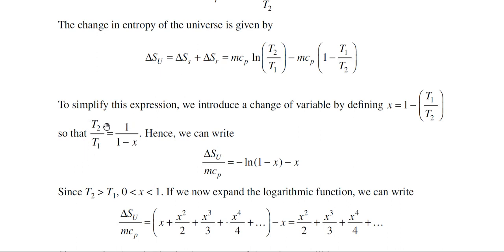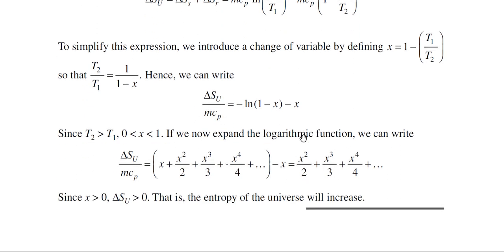So, if we write T2 by T1 as this, then this expression can be written as 1 by 1 minus x, and this is only x. So, this expression becomes, if we take mCp to the left side, that is dividing delta S by mCp, then this is the left hand side and this is the right hand side.